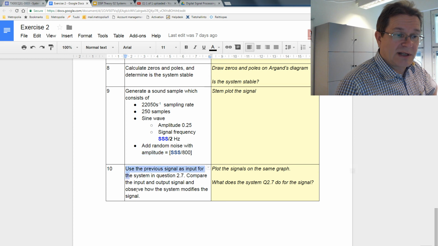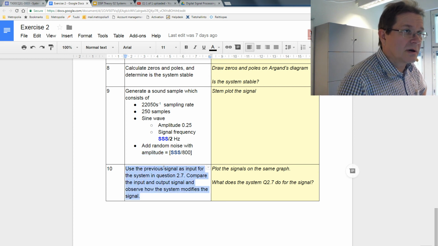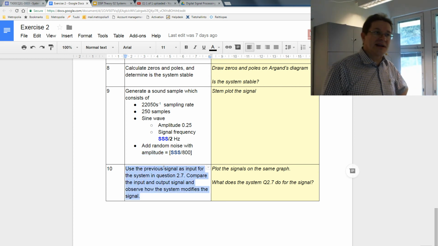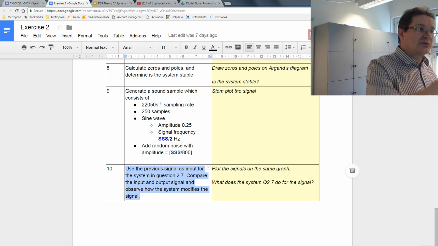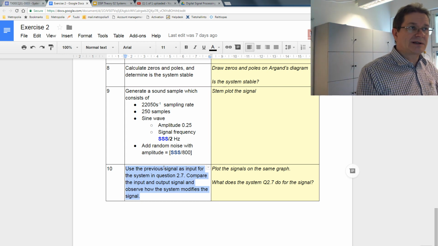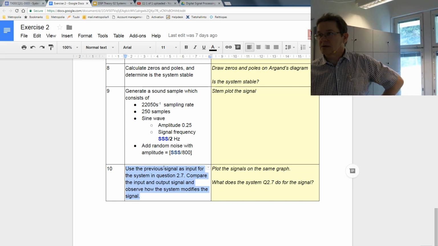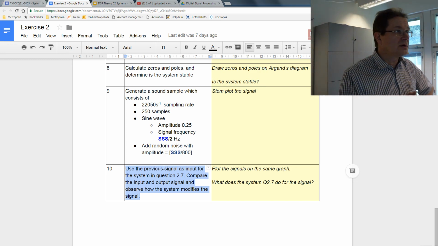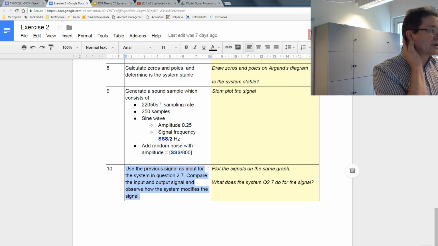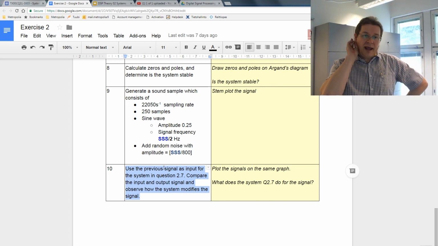And then the last one is actually to run your test signal through a filter and try to find out how it actually changed the behavior, or how the outputs differed. Okay, good.